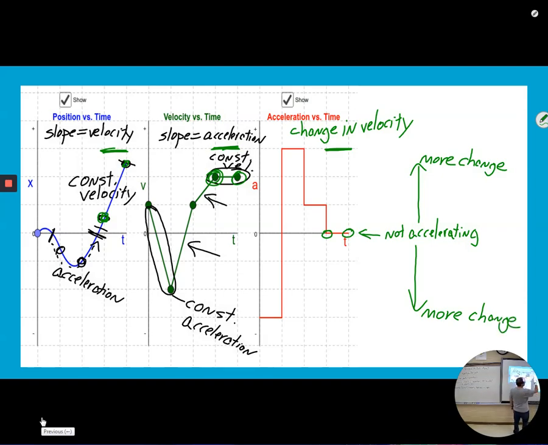Just because this is above 0, this positive change means it's moving in the positive direction. So a force is applying you in whatever direction you've designated as positive. If it's down here, the change is in the negative direction, so whichever way you've designated as negative, you are being accelerated that way.